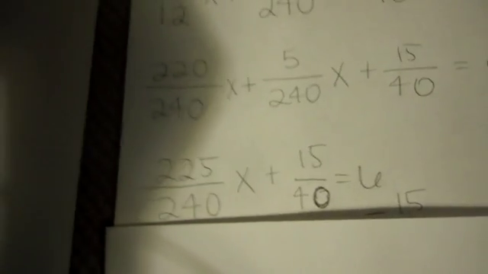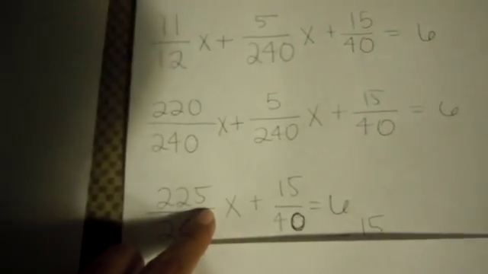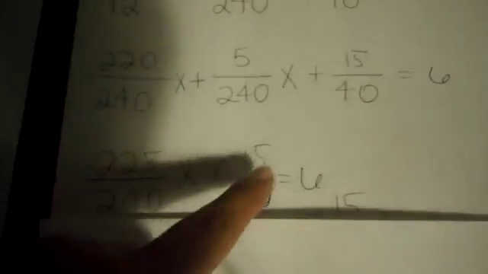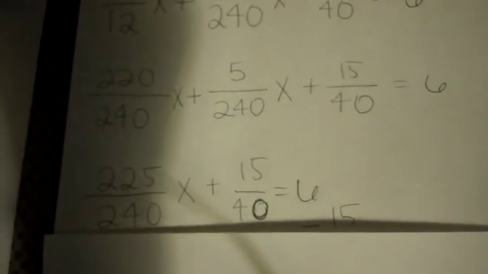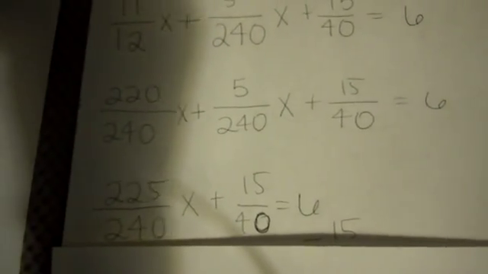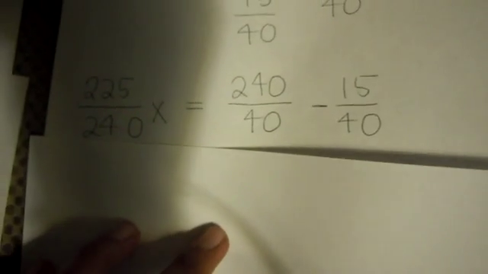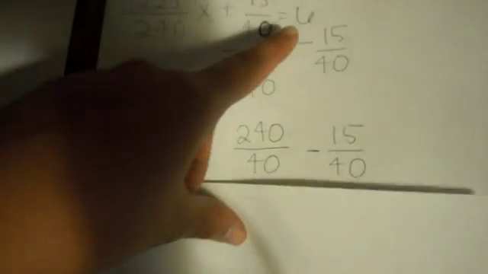Of course, I'm trying to get this x by itself, so I'm going to subtract 15 over 40 from both sides. Now, I'm going to have to subtract 6 from 15 over 40. So I have to make this into a fraction.